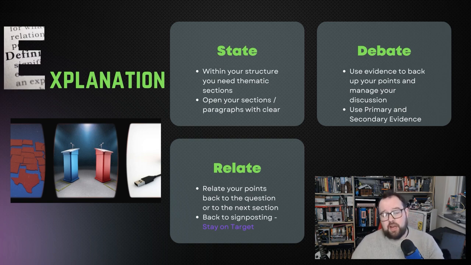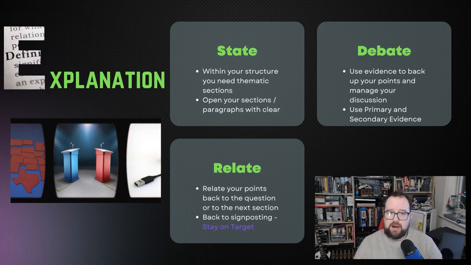You could take a report from the First World War from a war general that states the new tank interventions were not particularly useful and led to significantly more deaths on the front line. However, the men were able to hide behind them as they tried to move forward. If you've got access to that information and it's a proper source, brilliant. Reference it, highlight it, I'll give you a tick. Can you see how I'm constructing it together? Statement, state, debate, and then we relate.